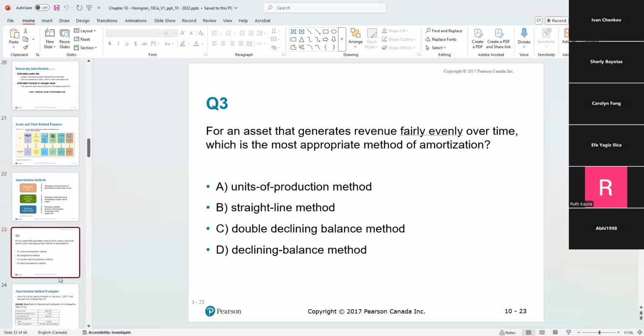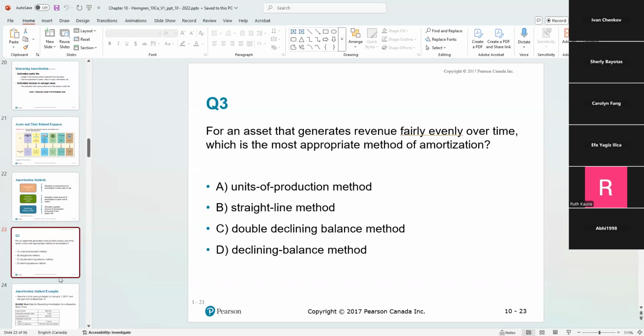Let's go with one question for you. So yes, it depends on what we're using the asset for, and on how the revenue is generated by the asset and how the value of the asset goes down over the years.